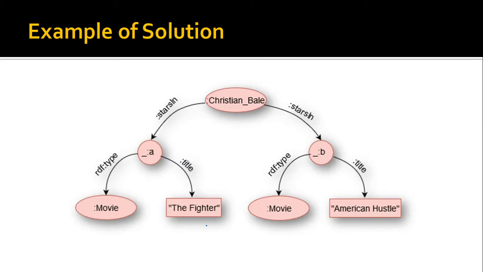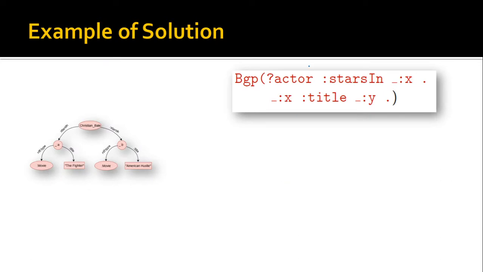Let us take another case. So this is another graph where Christian Bale stars in A, and A is a movie titled The Fighter, and he stars in something else that is of type movie, and the title is American Hustle, right? Now let us assume that this is our pattern. Now with this pattern, let us see what kind of solutions we can get, right?